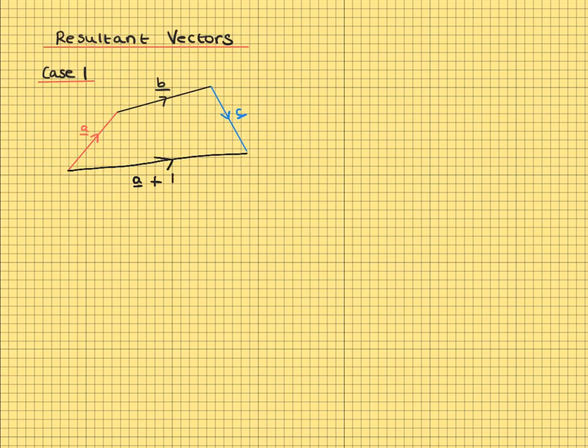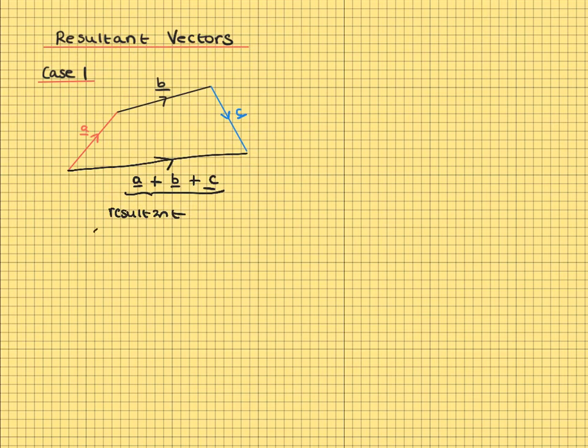So it's vector A, add vector B, add vector C. So this is the resultant of A, B, and C. So for instance, if A, B, and C represent three forces, then the vector A plus B plus C, this resultant, represents the total effect of those three forces.